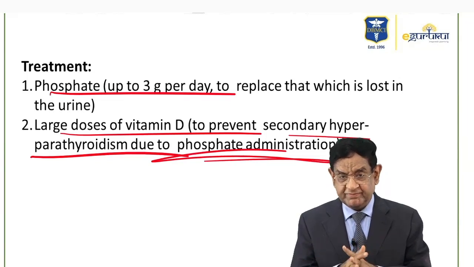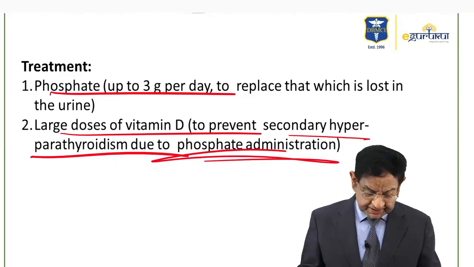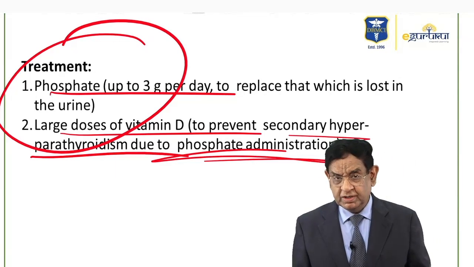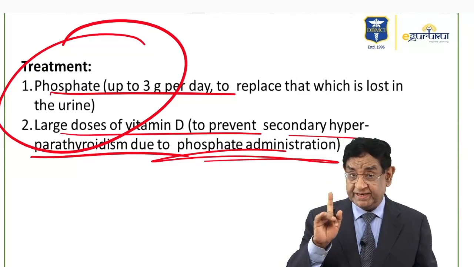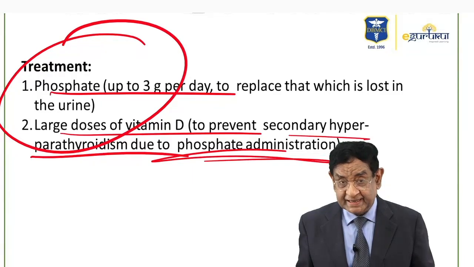We want to keep everything under control, but by and large, phosphate is the only major treatment. Rest everything has to be controlled. We may give vitamin D depending on how much, but everything has to be monitored very carefully. Such cases you cannot treat blindly.